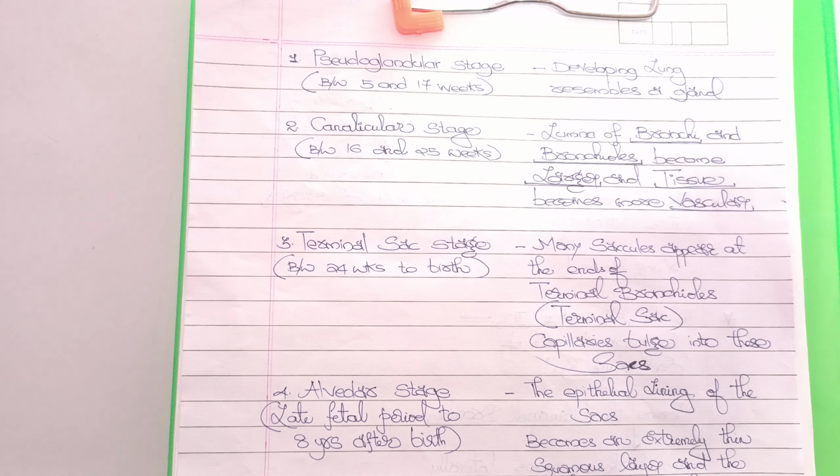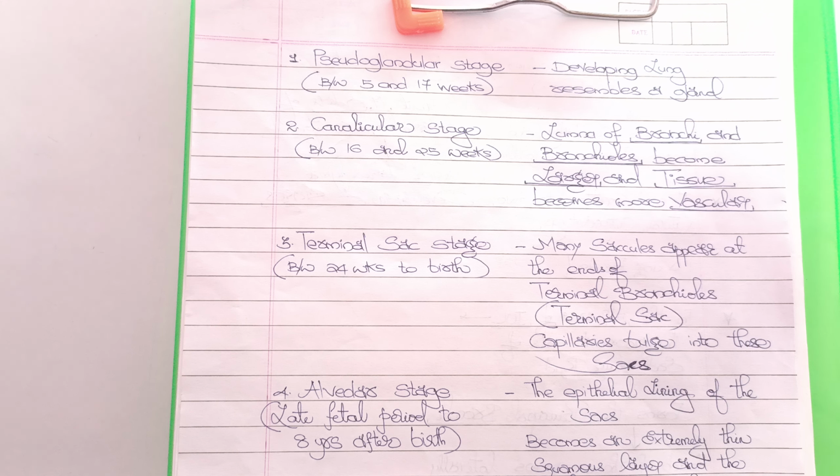The lumina of bronchi and bronchioles become larger and tissue becomes more vascular. See, the lumina of bronchi and bronchioles become larger, not shorter, it becomes larger and the tissue becomes more vascular. The vascularity increases, the lumina increases in size.